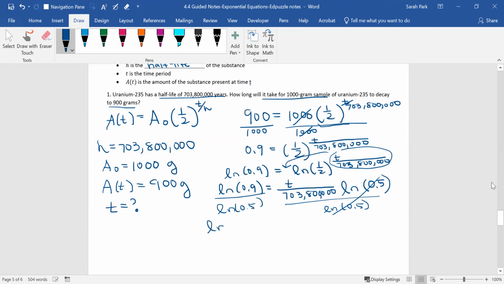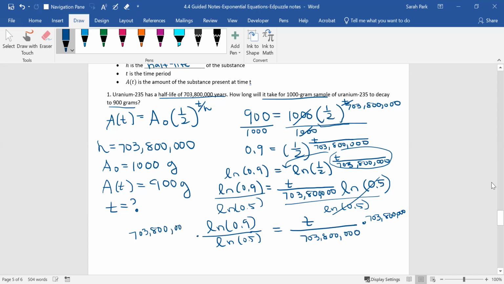We have ln of 0.9 divided by ln of 0.5 equal to T over that big number again. And finally, if we multiply both sides by this huge number, we can isolate T and find out how many years it takes to break that down to 900 grams. 703,800,000. So T is isolated.